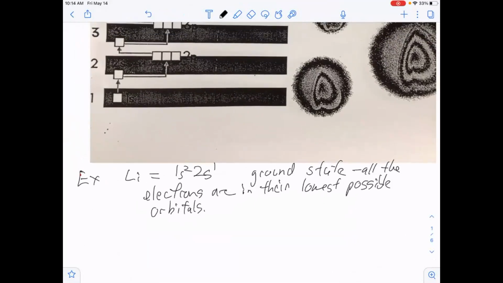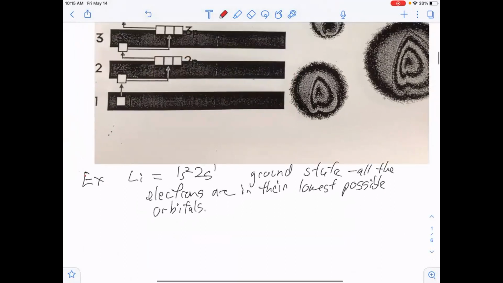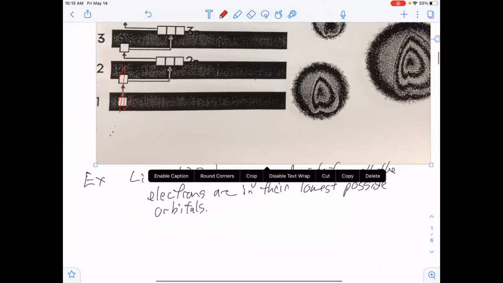I'm going to use red here, so it's easier to see. Those are my 3 electrons for lithium.